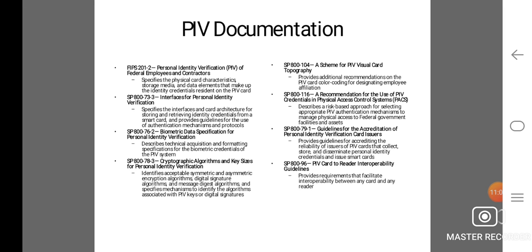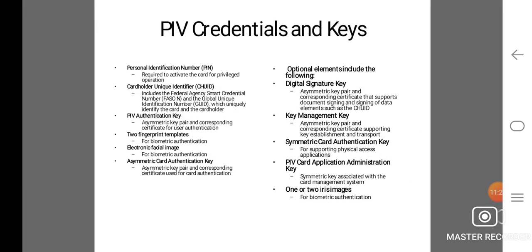SP 800-104, a scheme for PIV visual card topography. SP 800-116, a recommendation for the use of PIV credentials in physical access control systems. SP 800-79-1, guidelines for the accreditation of personal identity verification card issuers. SP 800-96, PIV card to reader interoperability guidelines.